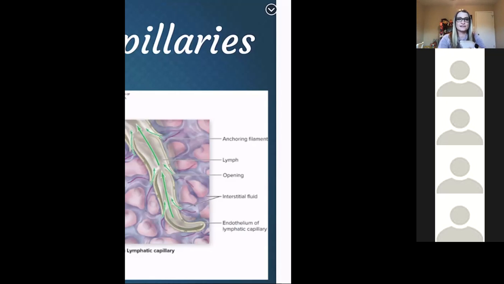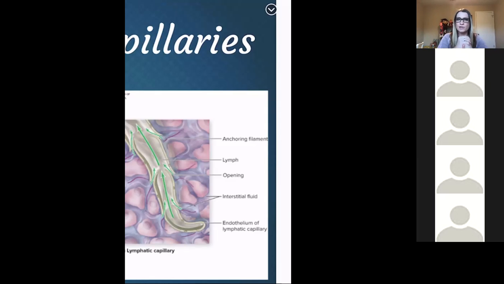When you look at part B, the image B on your picture, you can see that the cells of the lymphatic capillary are arranged a little differently than what we saw in the blood capillary. So these cells of the lymphatic capillary are overlapping. So they're not like this next to each other, but like this. And so the pressure in the lymphatic capillaries is lower than blood.